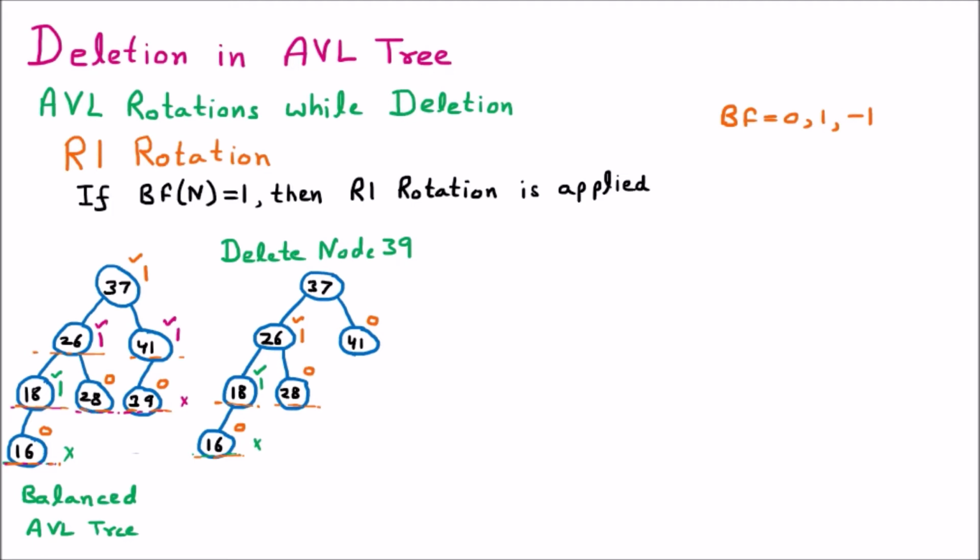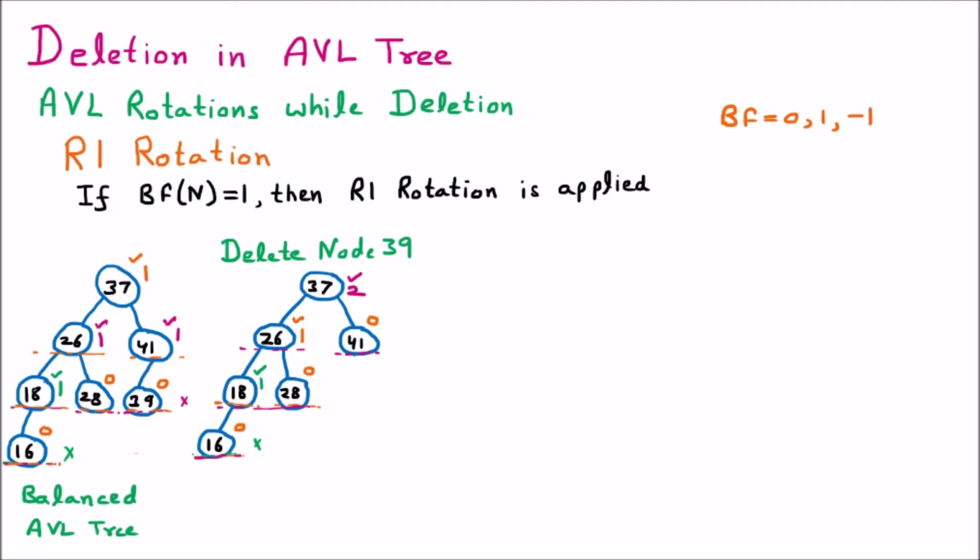Now find the balancing factor of node 37. On the left we have 3 levels. On the right hand side the height is 1. So 3 minus 1 is 2. Now we have to verify: is it a balanced AVL tree?